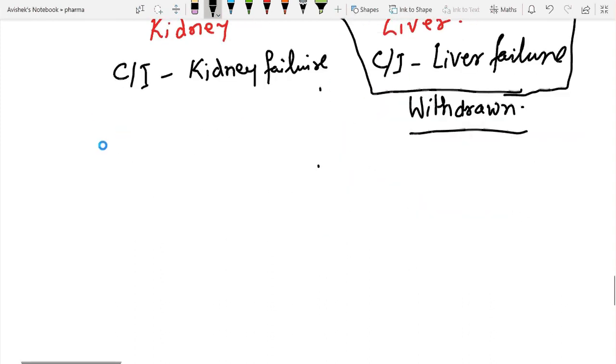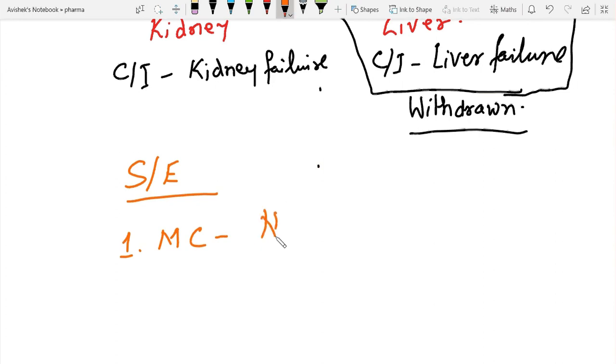This has some side effects. What are the side effects? The most common side effect is nausea, vomiting.